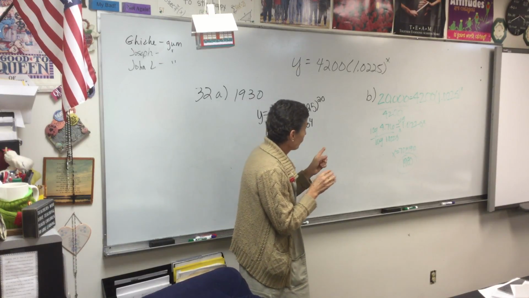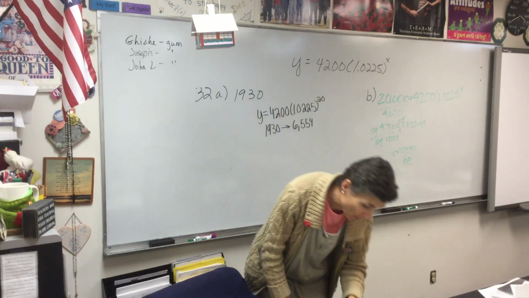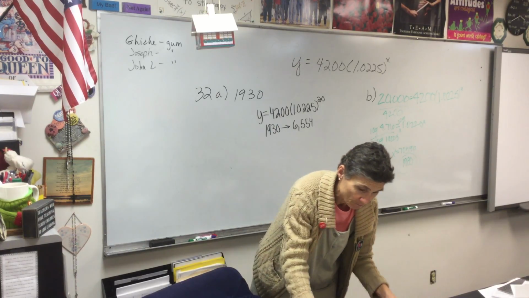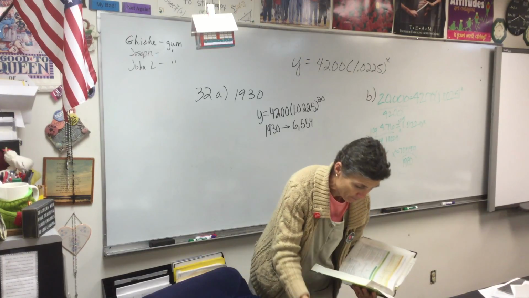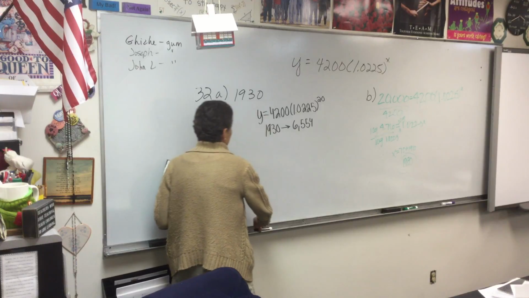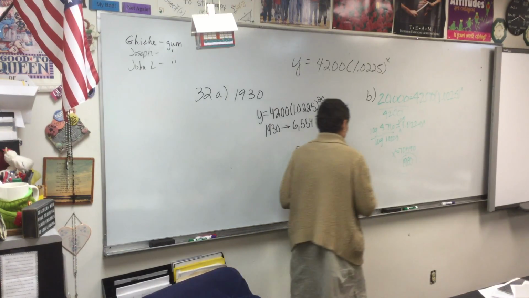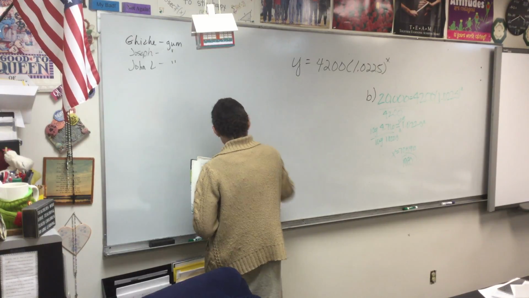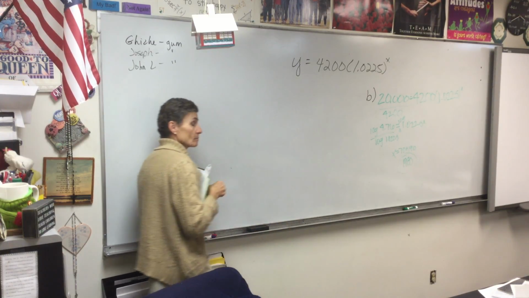Sorry. All right, now before I get another homework question, I want to skip down and look at number 40. I want to look at number 40 because it uses the exact same principle, except instead of growing, we are decaying.